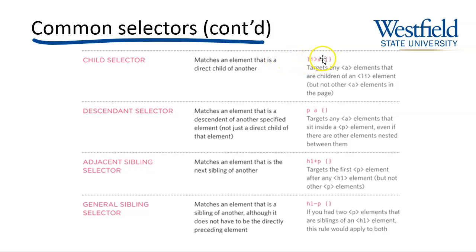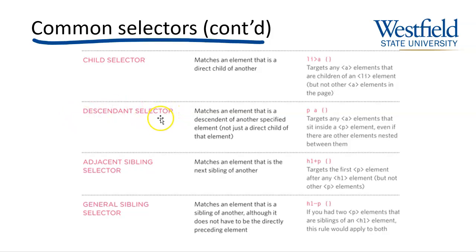This will select all anchor element, which is a direct descendant of this list item element. It will not select the anchor element that is the grandchildren of this li element. So it has to be direct. Now, the other selector that based on parent-child and descendant relationship is the descendant selector.